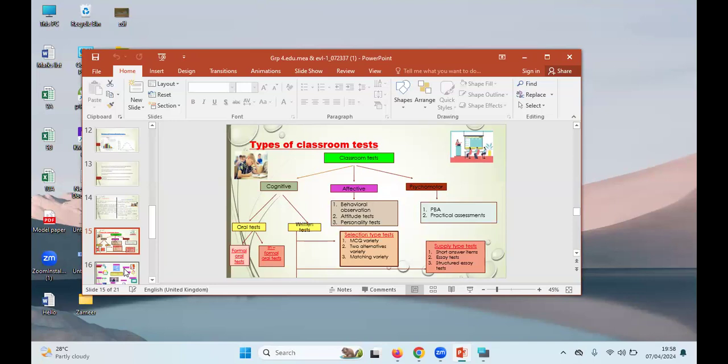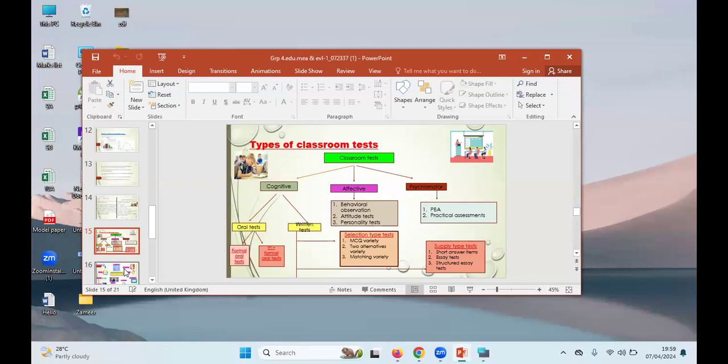As we all know, that can be matching type, alternative type, or MCQ. All these tests have advantages as well as limitations. As a teacher, it is our duty to select the appropriate test type when we want to achieve our stated goals. You can go through the tests in the affective domain and psychomotor domain.